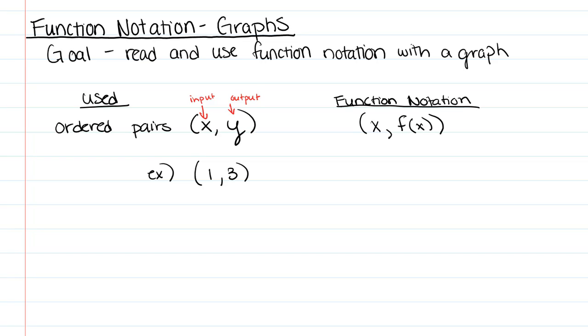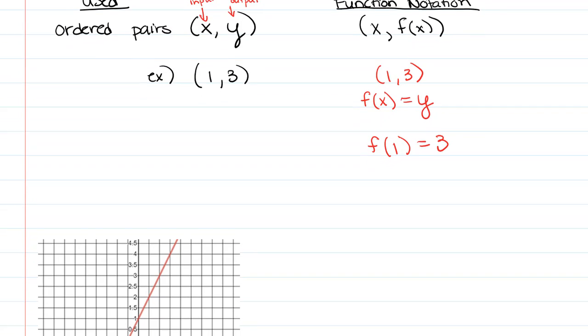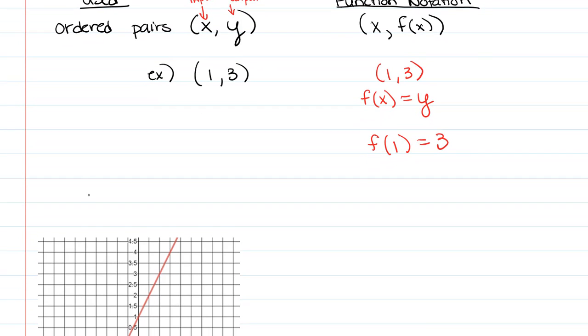And the way we write this with function notation, so as an ordered pair, it's still going to be 1, 3. However, we're also seeing now f of x equals y. So how I would write that is f of 1 equals 3. The input is 1, the output is 3. So let's see one more example of that.